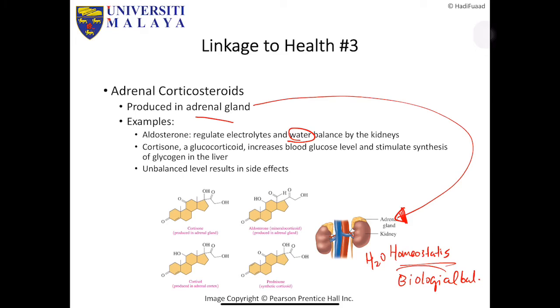All right, and other than that, you have cortisone, which is a glucocorticoid. It increases blood glucose level and stimulates synthesis of glycogen in the liver. So it pretty much works hand in hand with insulin. Insulin, which is a protein, as mentioned, controls the glucose level in the body.